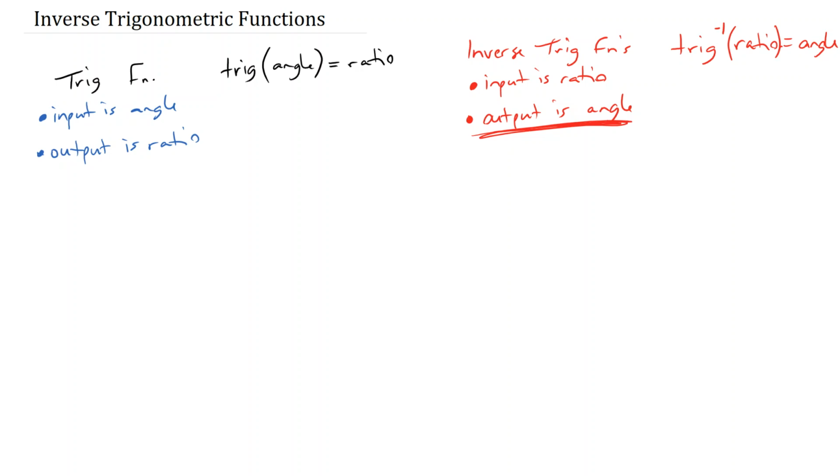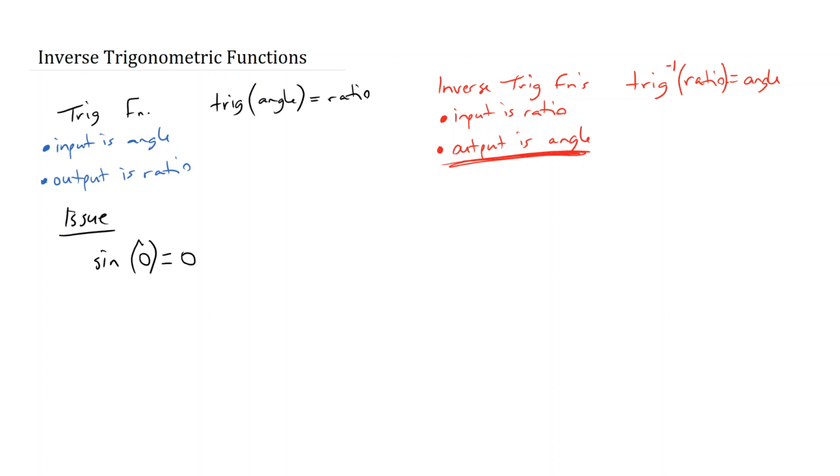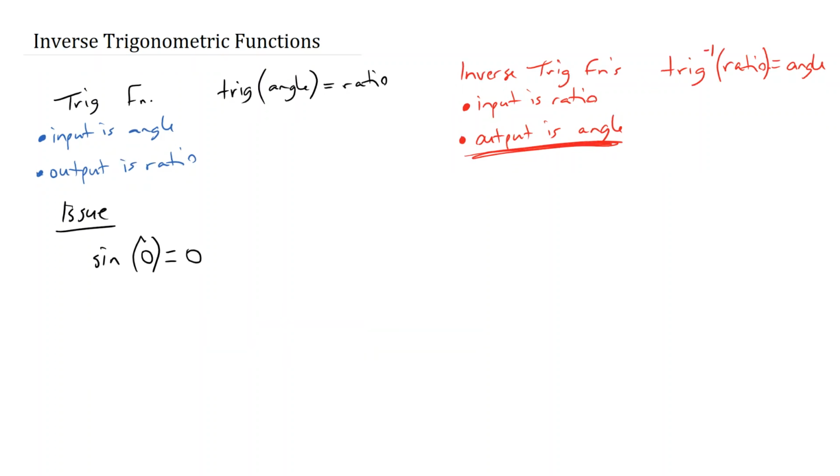Let's look at the issue with the inverse trig functions. If you take the sine of 0, you get an output of 0. And if you take the sine of 2 pi, you also get 0. That's because the angle 0 and the angle 2 pi are coterminal angles.